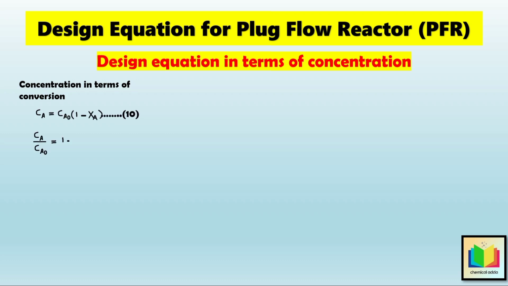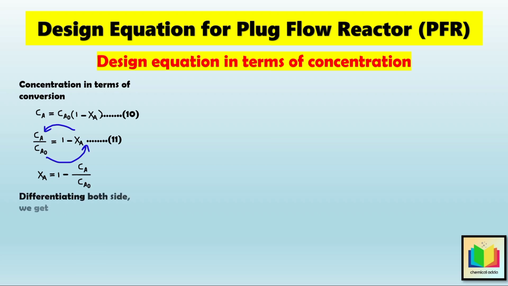Now let's find the equation for Xa from this equation. From this equation, Xa can be written as Xa is equal to 1 minus Ca divided by Ca0. Now, let's differentiate this equation on both sides to get the value of dXa.